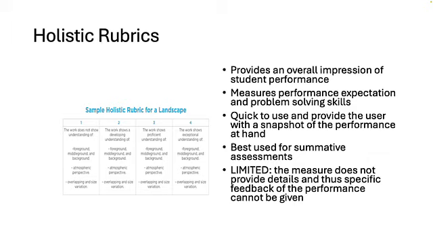So it provides an overall impression of the student's performance. It measures performance expectation and problem solving skills. Quick to use and provide users with a snapshot of the performance at hand. Best used for summative assessments. The limit is the measure does not provide details and thus specific feedback of the performance cannot be given.